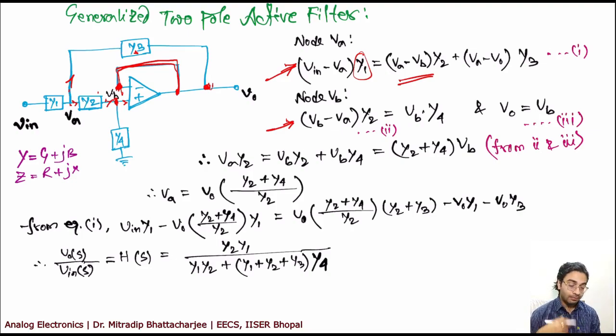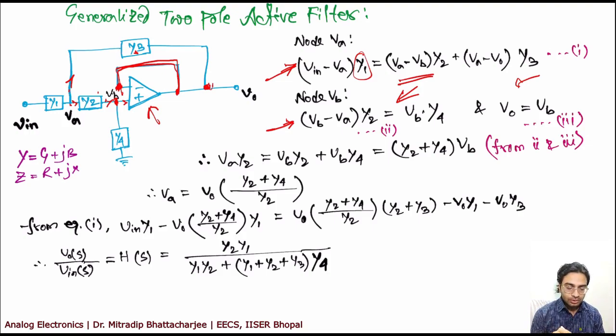Now look at one thing. If you have an op-amp sitting over here, then these equations are valid. Otherwise you can't use these kinds of assumptions. So the presence of the op-amp is very much necessary.